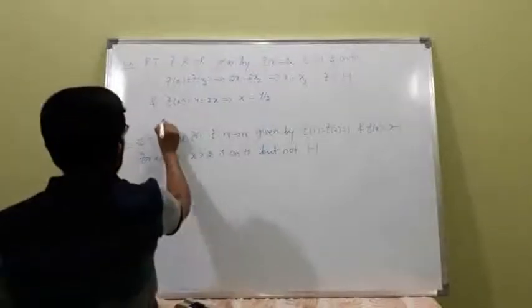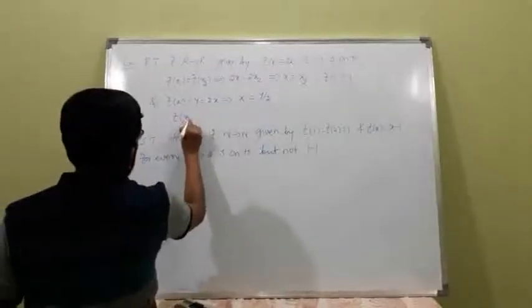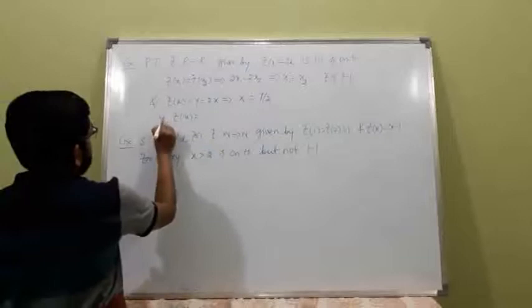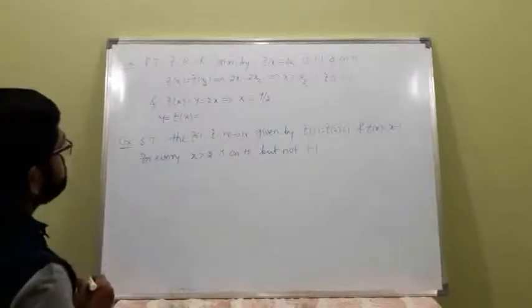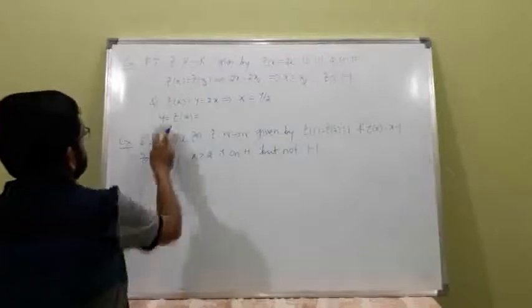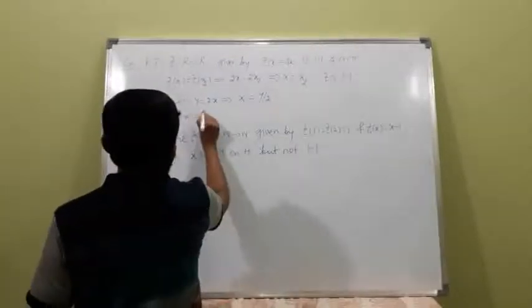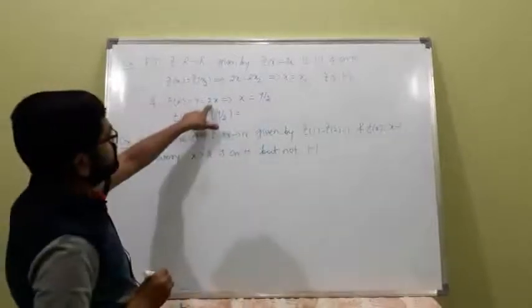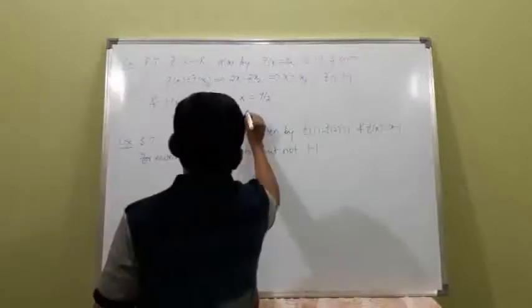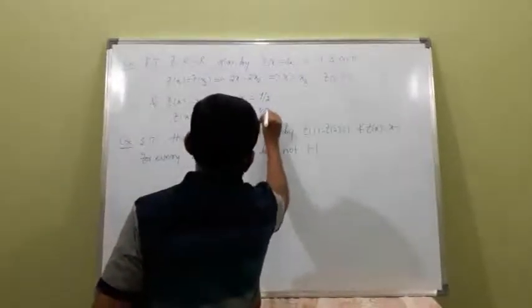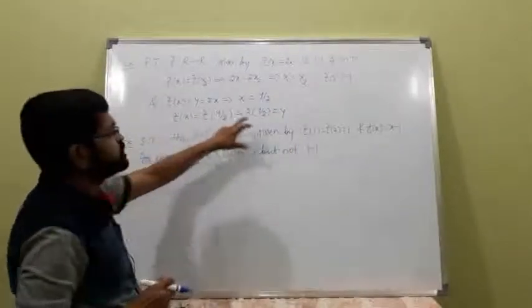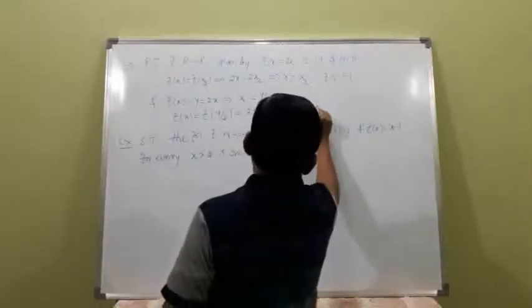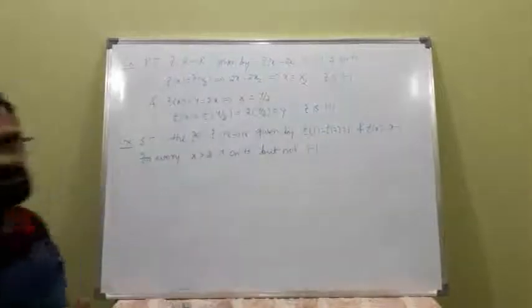Therefore, f of x is equal to f of y by 2. What is f of x? 2x. So 2 times y by 2 it is equal to y. Therefore f(x) is equal to y. So f is onto. Okay.